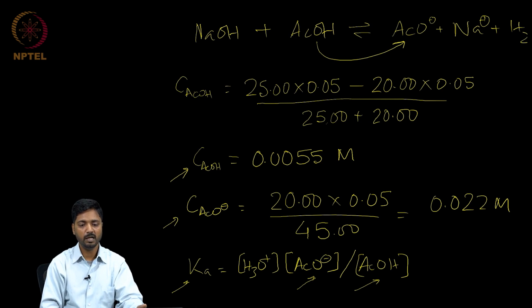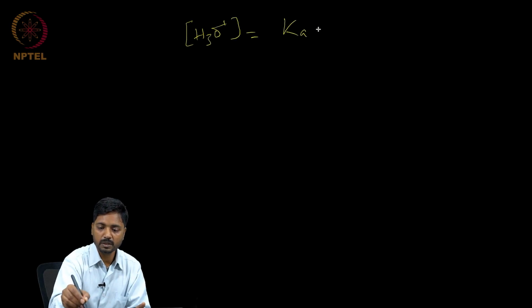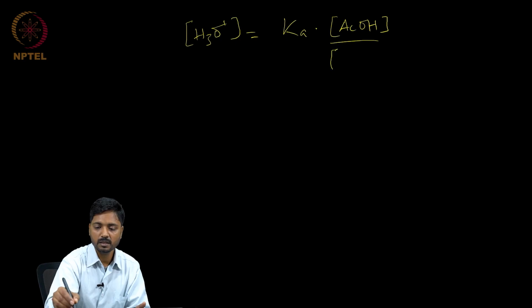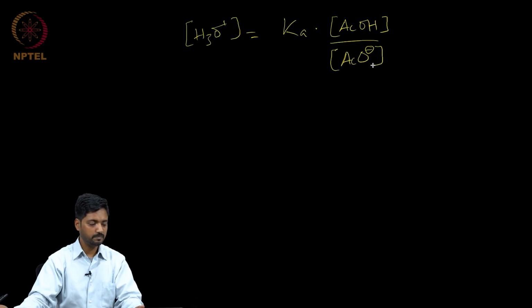So, this will help us get the hydronium ion concentration, which will be equal to the Ka value times the undissociated acetic acid divided by the acetate ion concentration present in the medium.